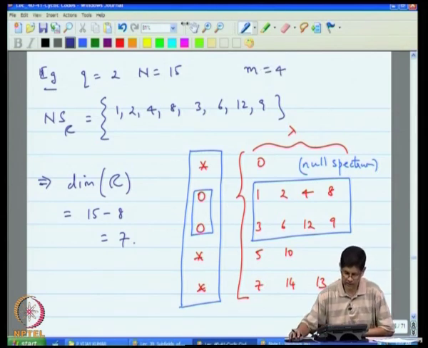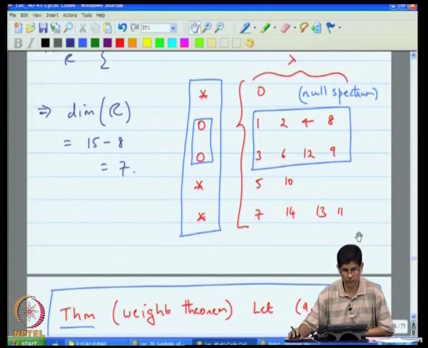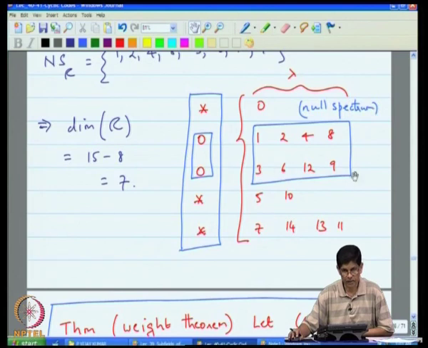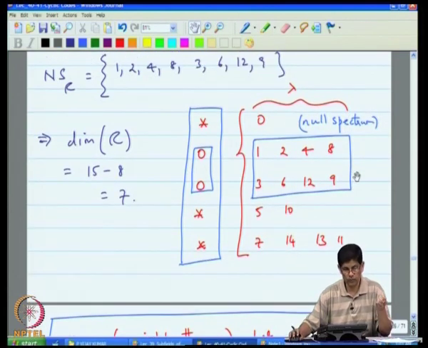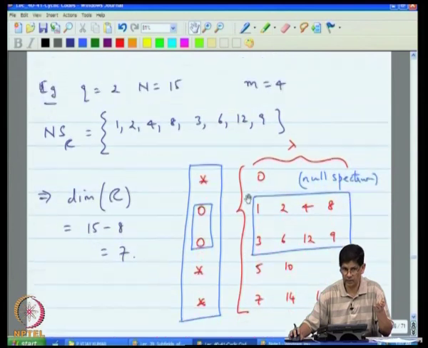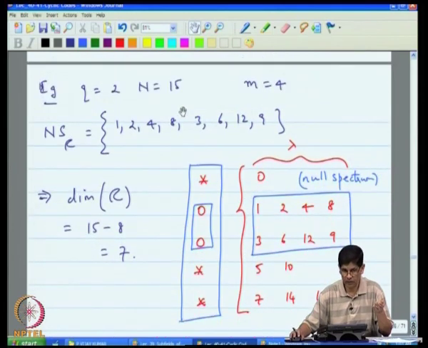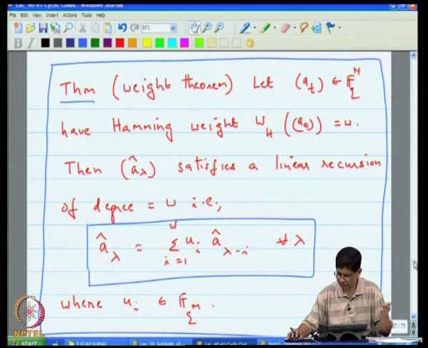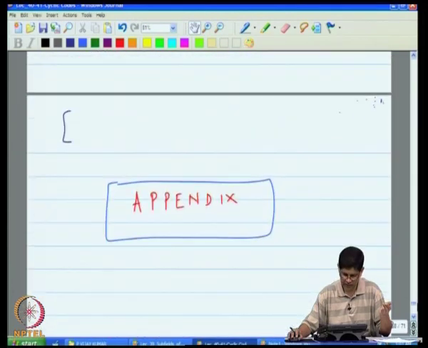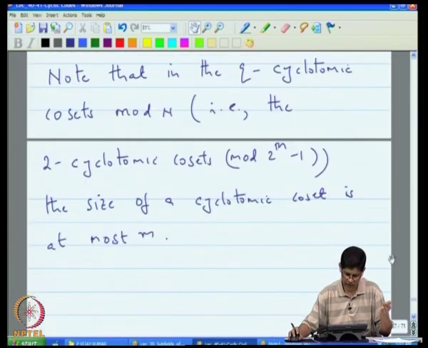And you can see here that the cyclotomic cosets, none of them is larger than 4, because no matter where you start, if you keep multiplying by powers of 2, eventually when you reach 2 to the 4, you will get back to where you started, because 2 to the m mod 2 to the m minus 1 is 1. Okay. For that reason, your cyclotomic cosets are never going to be bigger than m.